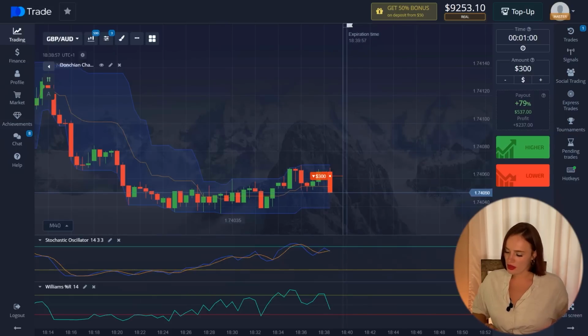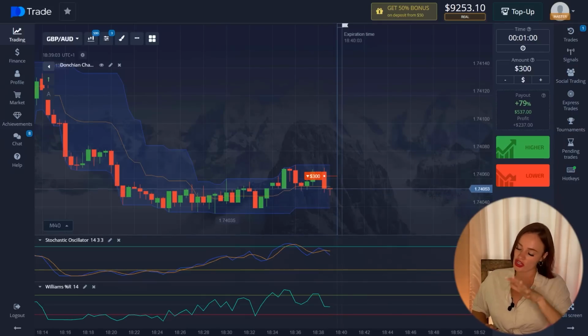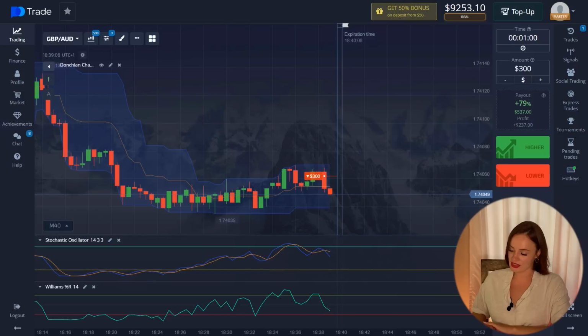Having broken through the middle line of the Donchian indicator, the new candle also began to decline. And despite some fluctuations, the general direction of price reduction continues. The stochastic indicator, with its signal, confirms a further decline in the price, but the Williams indicator gives a signal about a possible reversal of quotations.